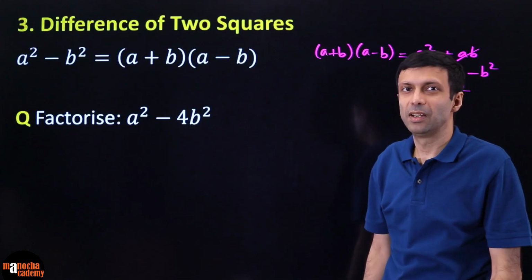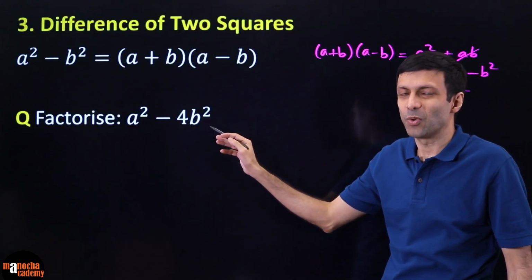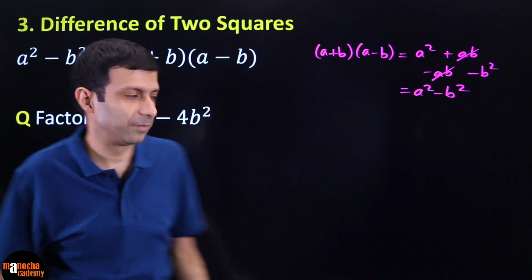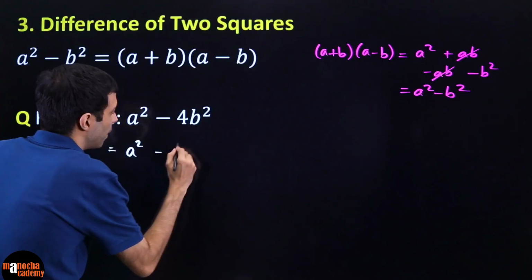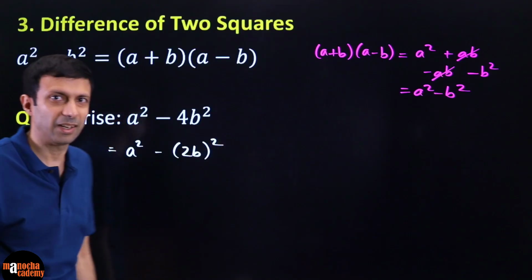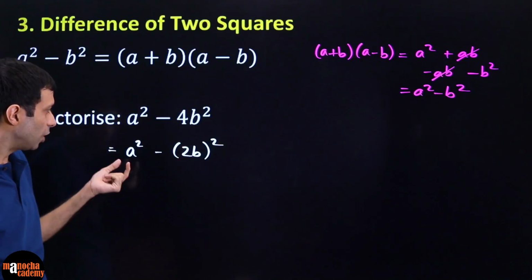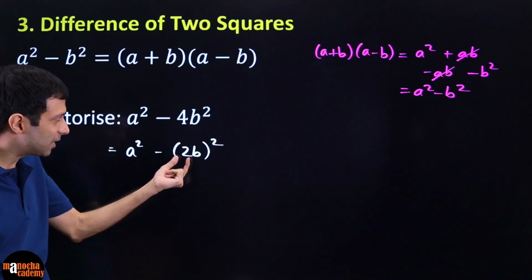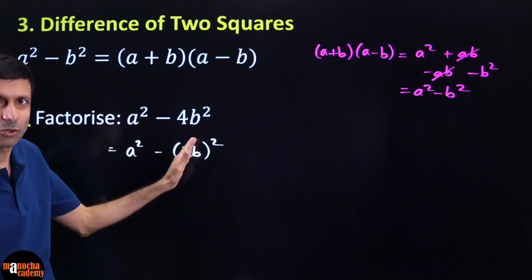So how can we use it for factorization? Let's try out this example. If we have been given a square minus 4b square, so what will be the factors here? We can write this one as a square minus 2b whole square. Do you guys agree? 2 times 2 will give you 4 and b square. So now you can see we have a square minus something square, or you can treat this as x square minus y square.